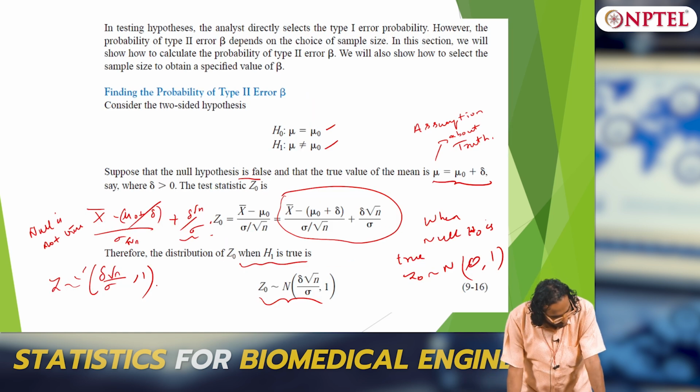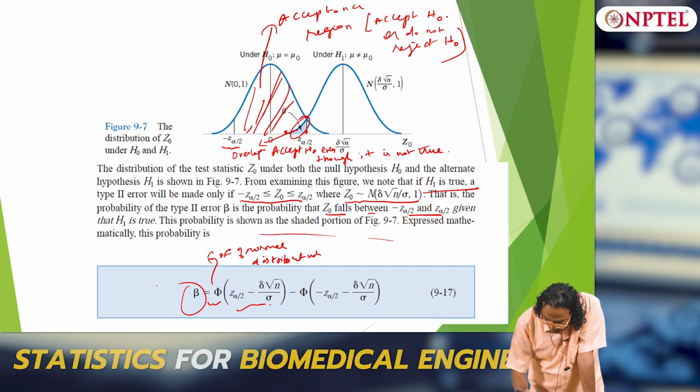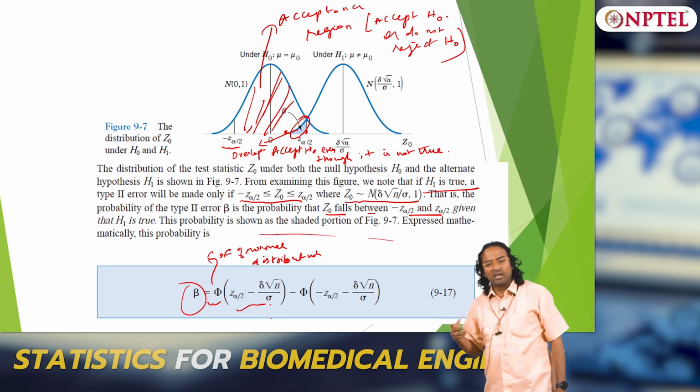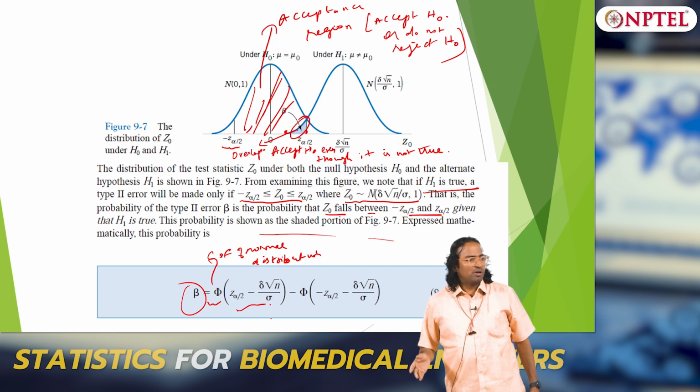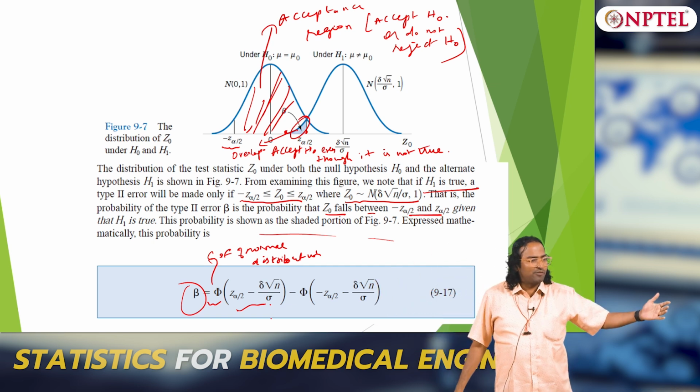Okay. So I am calculating the overlap region. One is this one, z alpha by 2 minus this one, and the other one is minus z alpha by 2 minus this one. Okay. Only one term will be present, not both the terms. One term will invariably go to 0, because you either get the overlap on the right hand side or left hand side.